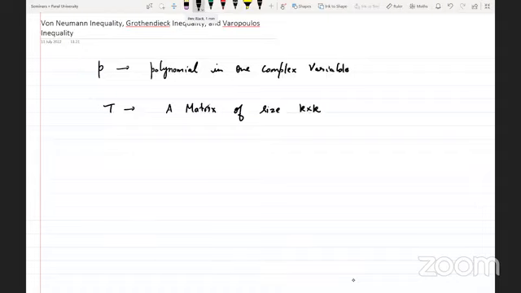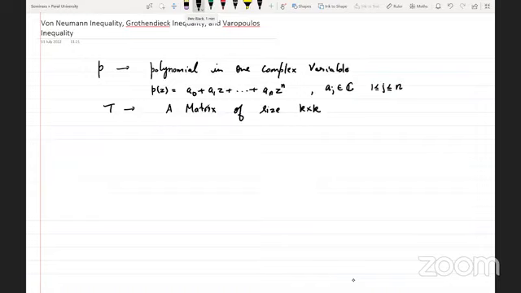A polynomial can be written as something like this, right? Let's say a degree n polynomial, and to say that it's a complex polynomial, in other words, we would say that these coefficients are coming from the complex plane. So it has complex coefficients, and the degree is n.